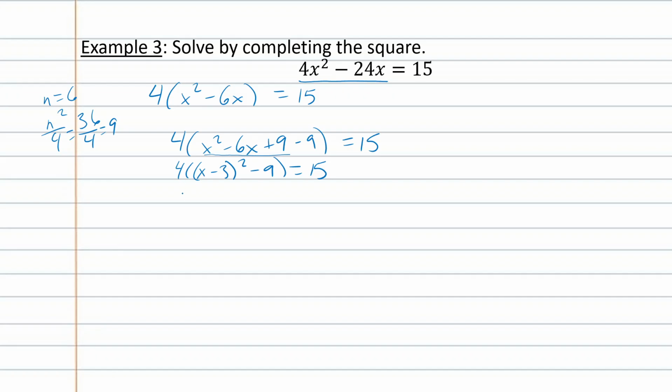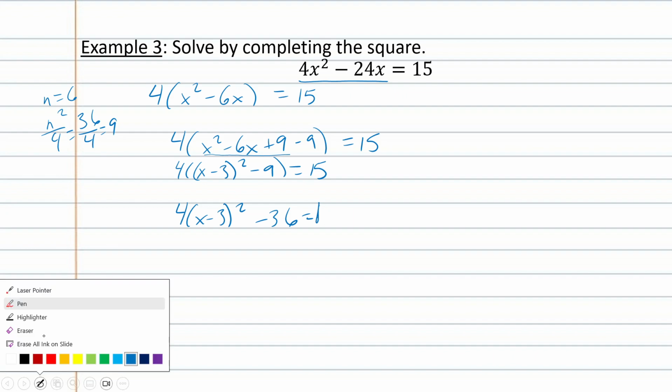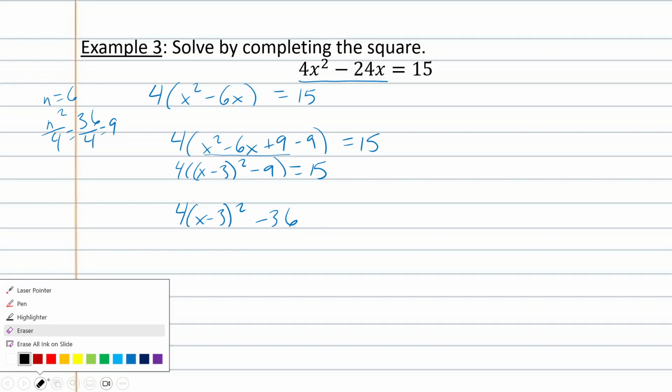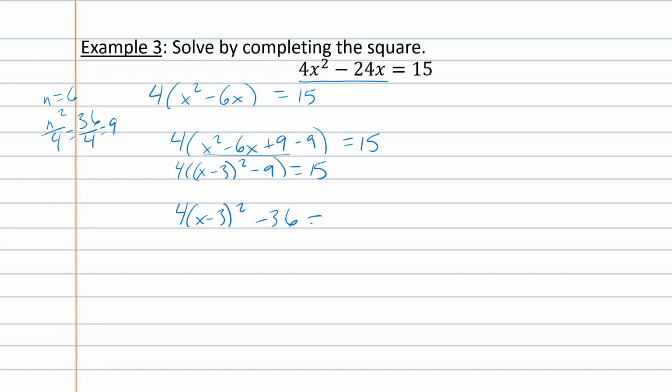Alright, now I need to distribute the 4 here. So if I distribute the 4, I get 4 times x minus 3 squared minus 36 equals 15. Clean my handwriting up a little bit. Okay, now we can go about solving for x here. I'm going to add 36 to the right hand side.